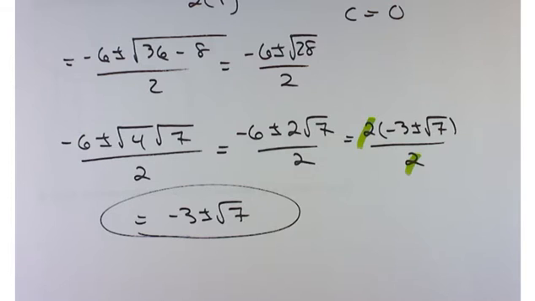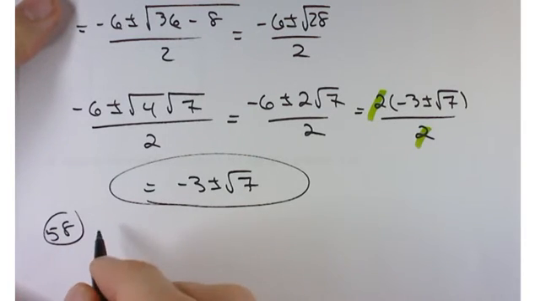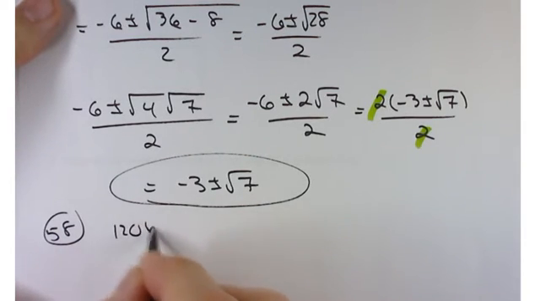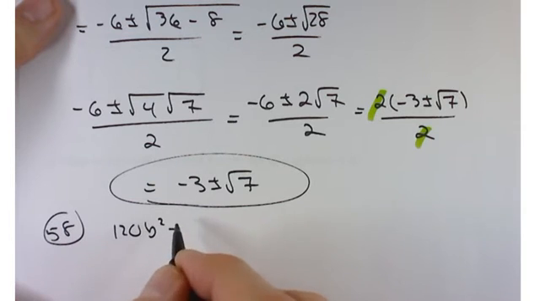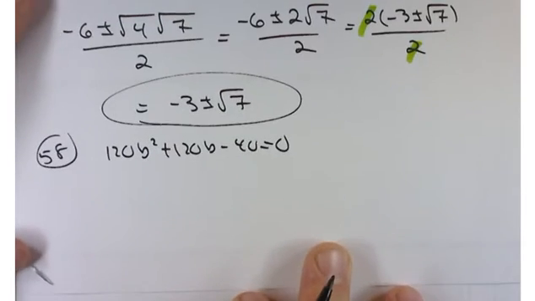Problem 58. We can get this one. This can be our last one. 120b squared plus 120b minus 40 equals 0.